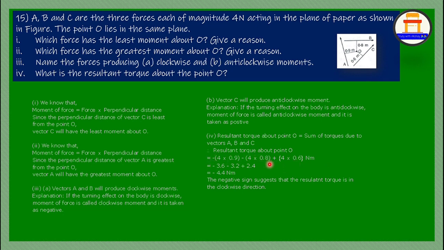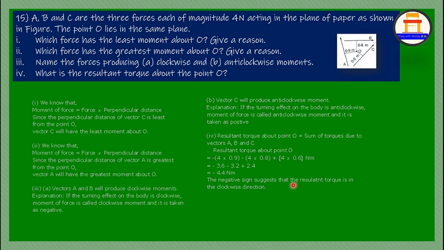These two, A and B, 4 into 0.9 and 4 into 0.8, are clockwise moments, so they will be taken negative, and 4 into 0.6 is an anti-clockwise moment which will be taken positive. Upon simplifying, we get minus 3.6 minus 3.2 plus 2.4. Upon further simplification, we get the answer as minus 4.4 Newton meter.